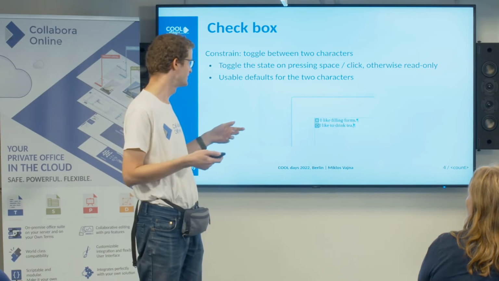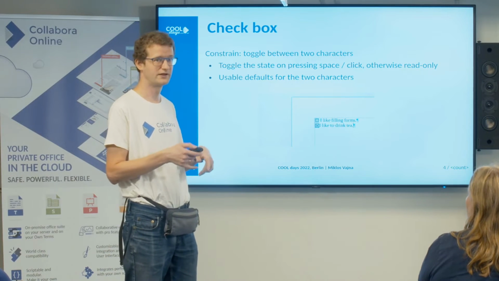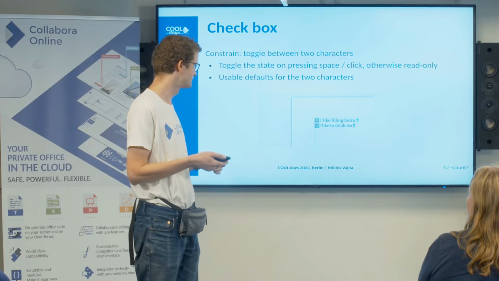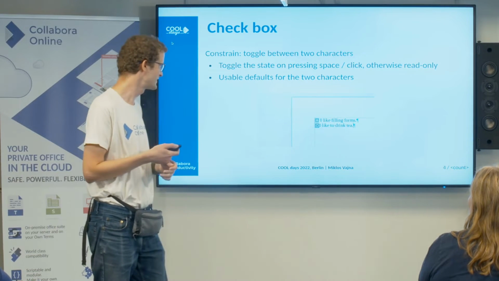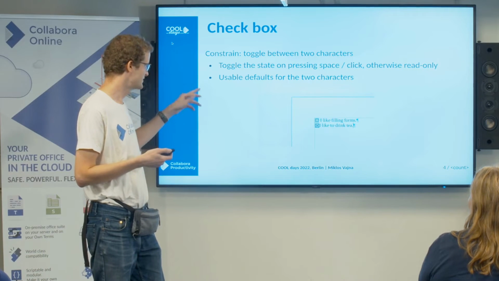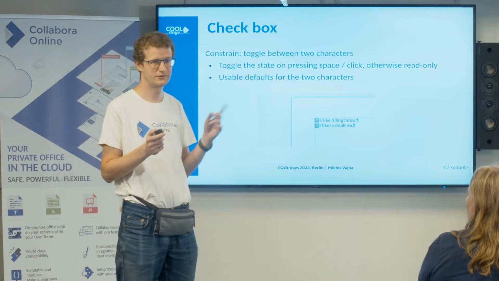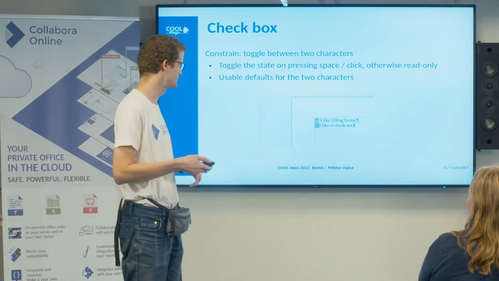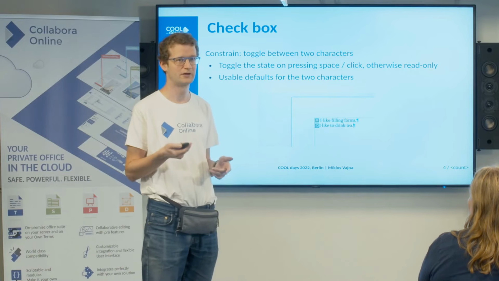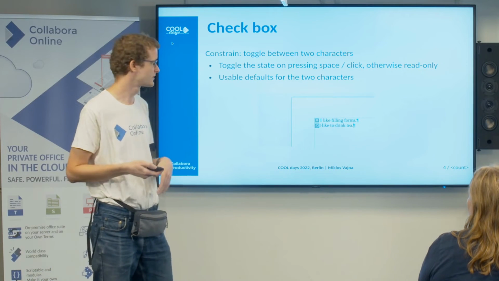You can just insert it. If you click there, or you go there and press space, for users who appreciate accessibility, that's possible. And we have a content control properties dialog where you can customize it. Perhaps you want a check mark and an X mark for the true and false cases.